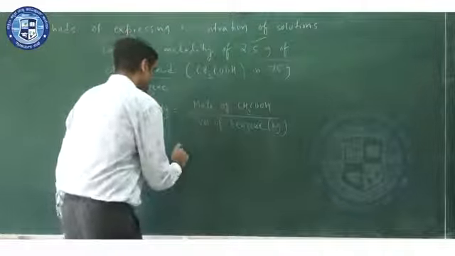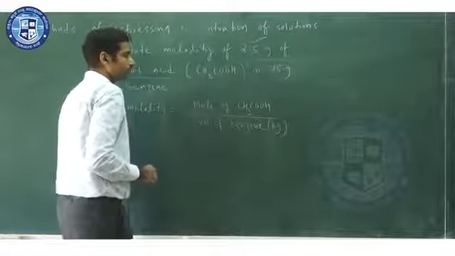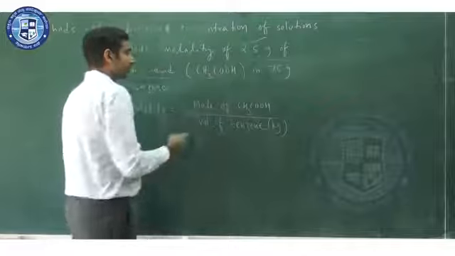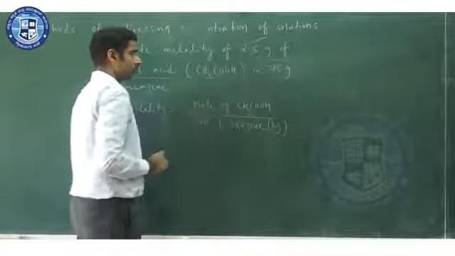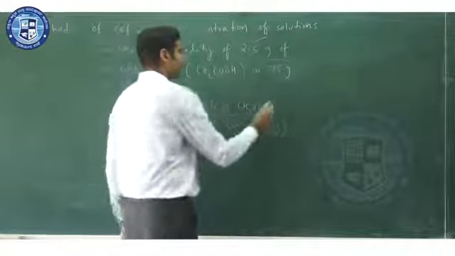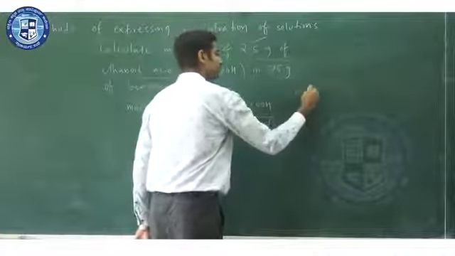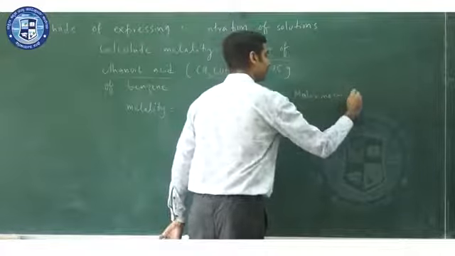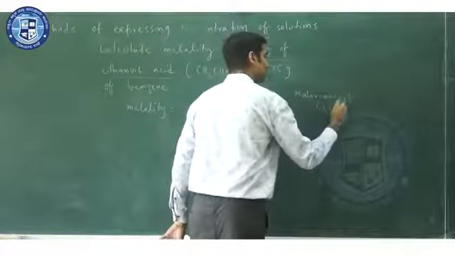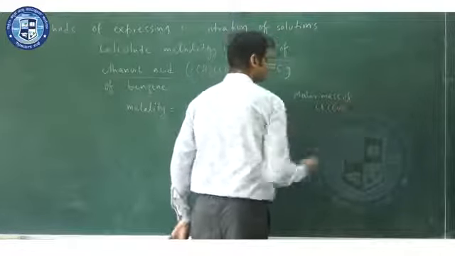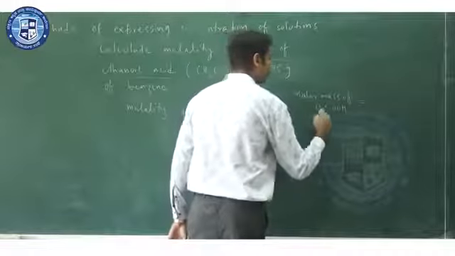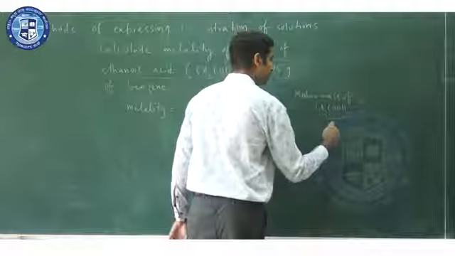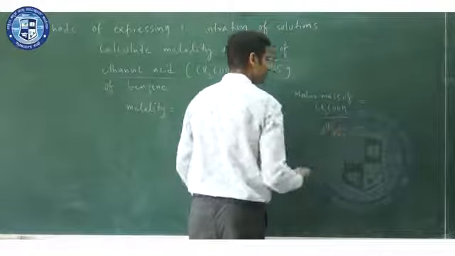Now, what will be the number of moles of ethanoic acid? Mole is given by mass by molar mass. What will be the molar mass of ethanoic acid? You can observe that the formula is C2H4O2.